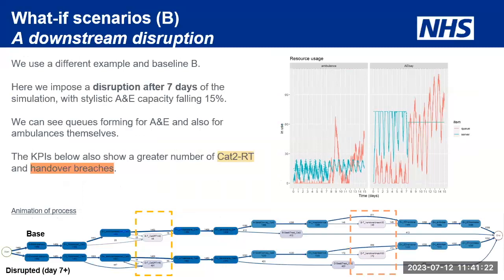And then this bottom graph, sorry for it being pixelated, is basically the steps of the job cycle time. So this is the clock stop from ED. And here the points indicate where there are breaches in category 2, and this in handovers. The top branch is the base scenario, the bottom is a disruption. And actually what we see is that there are a lot more disruptions in this case.